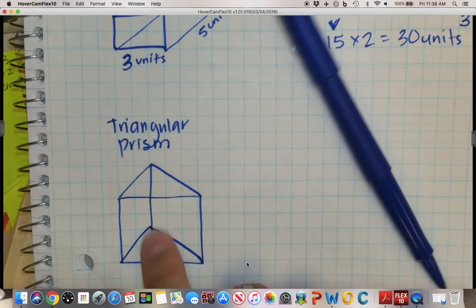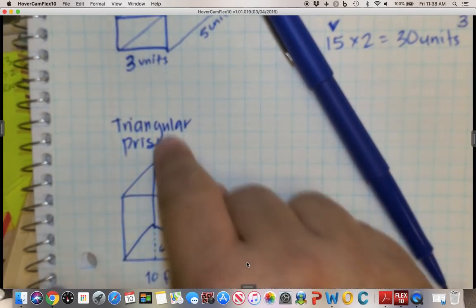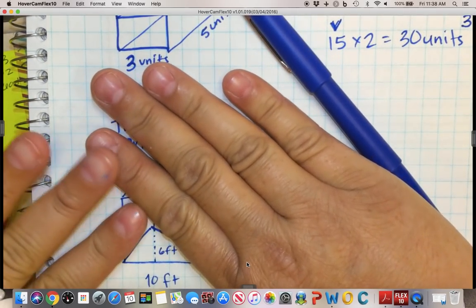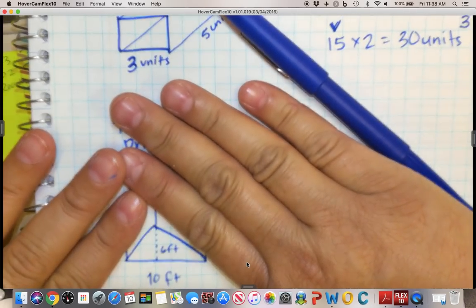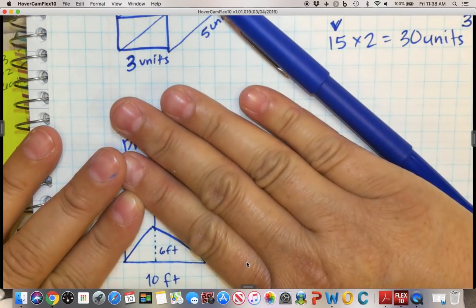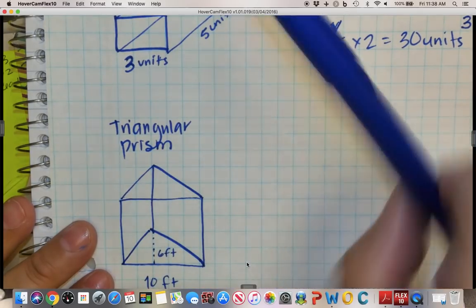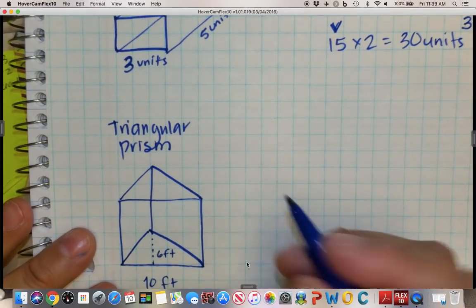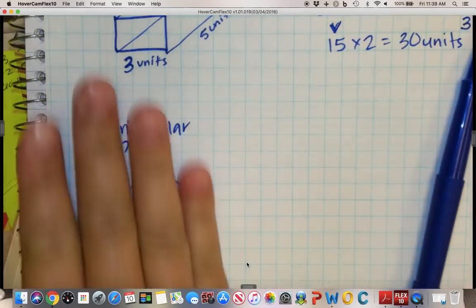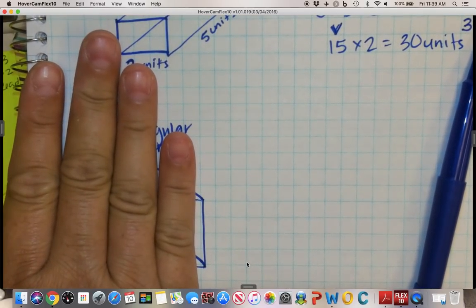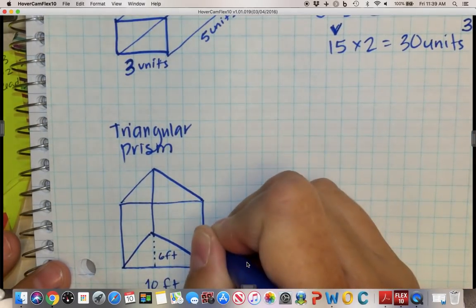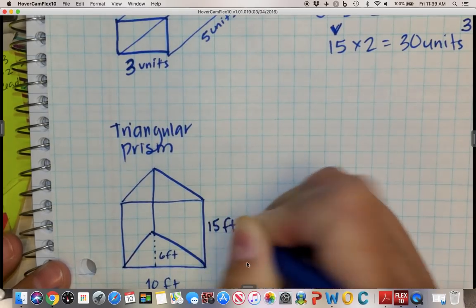And when I look at the height, I'm not looking at this whole thing. I'm actually just looking at this rectangle here. That's the height of that rectangle, not the height of the whole figure. And then the height of the whole figure is actually this side, this outside piece, which is 15 feet.